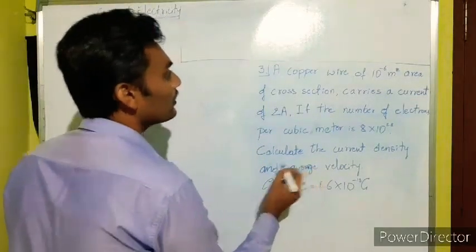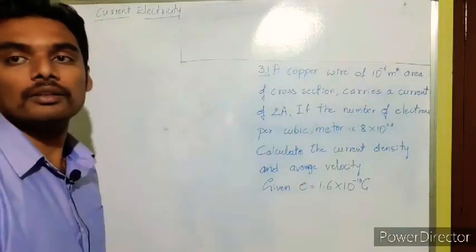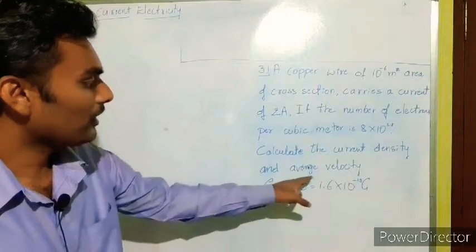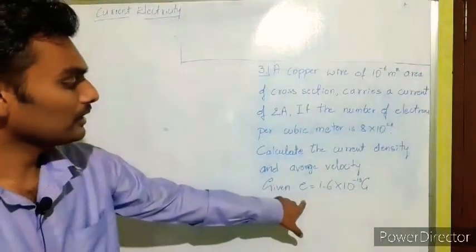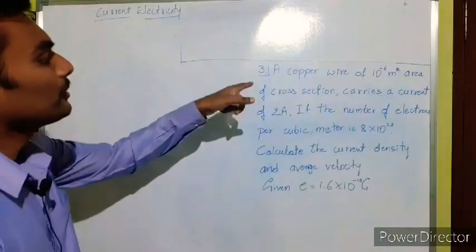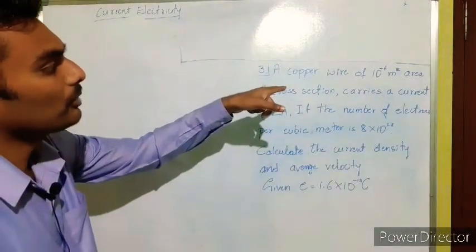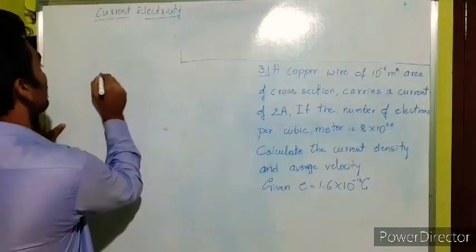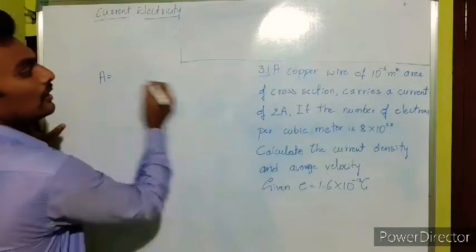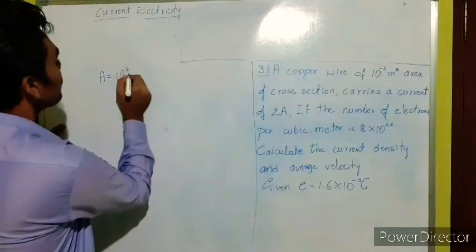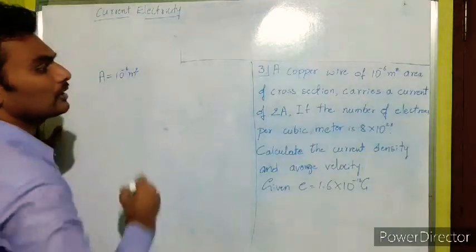So now just observe here, and average velocity has to be found. In the first place, the copper wire's area of cross section is given. Let me write that. Area of cross section is directly given, which is 10 to the power of minus 6 meters squared.